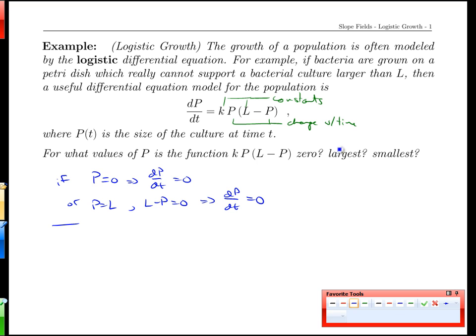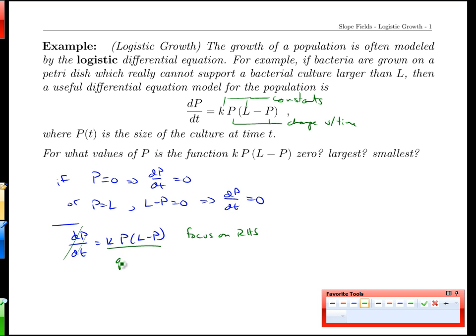When does this become largest? Well, this is a little trickier, and here's where you start getting into more sophisticated logic. Let's write it out like this. If we're looking at this function, ignore the fact that it's a derivative. Let's just focus on the right-hand side. What is this really?